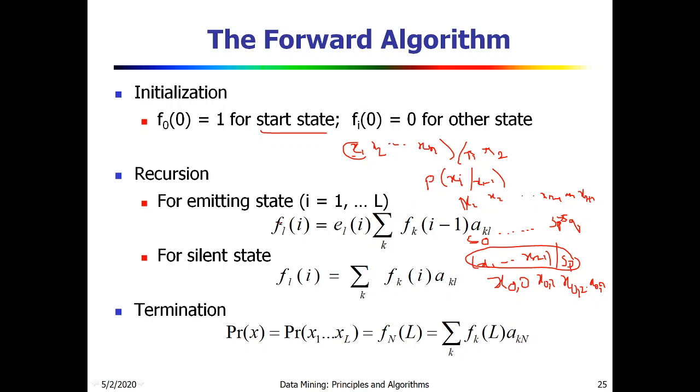Now for the emitting states, that is 1 to L, or here 0 to P, we give the value as the emission e_i of x_i times f_k(i minus 1), with the summation over all the values existing from x1 to xn minus 1 here.